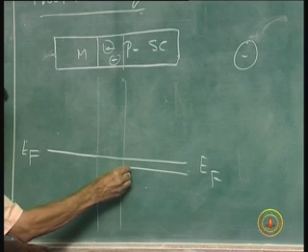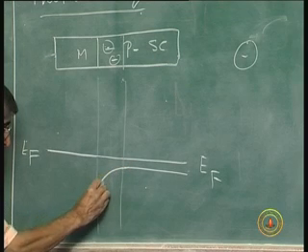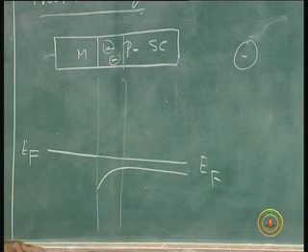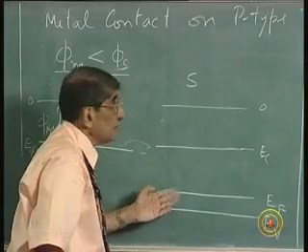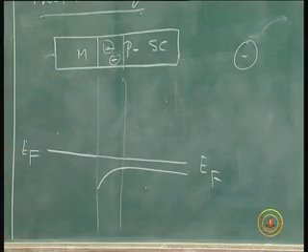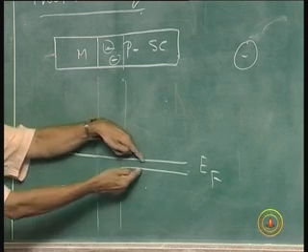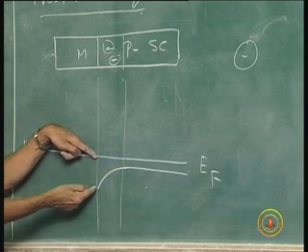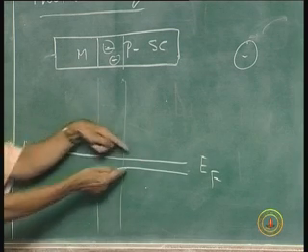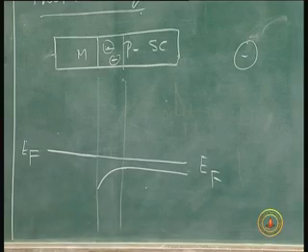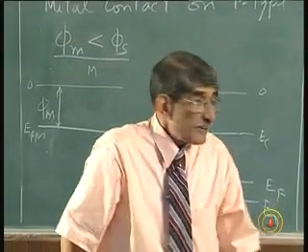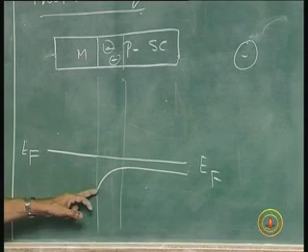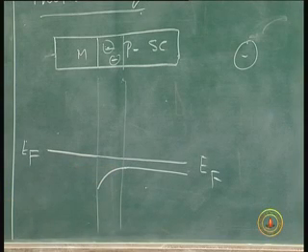Now, here the bands will bend down like this, because electrons have gone in there. It is a depleted layer, or less p type, and the conduction band valence band gap increases. When you say depleted, it is less p type. The mobile holes become smaller and smaller in number as you move away. It may not be 0, there will be some holes, but very small.